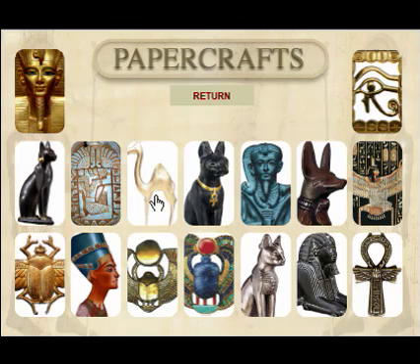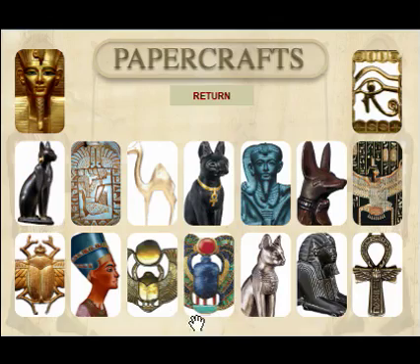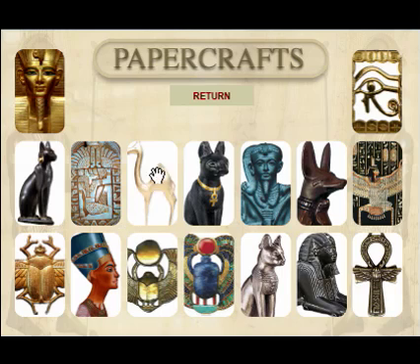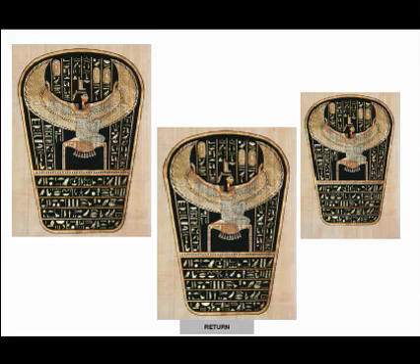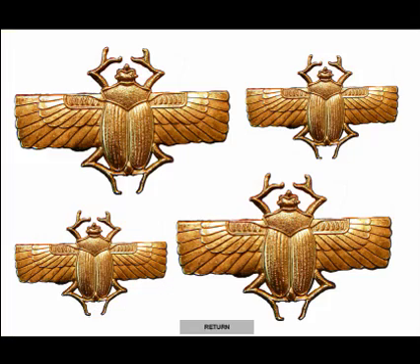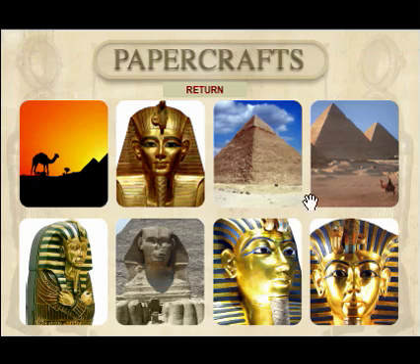Now we've got the toppers here, and these are just elements which we've got on the CD, and I've put these on so you can just pull them out. I'm just clicking at random here just to show you a brief overview of what you're going to find on there. So I just think they make rather nice images that you can then use on the card as various toppers. And returning back, we've also got the decoupage elements as well.